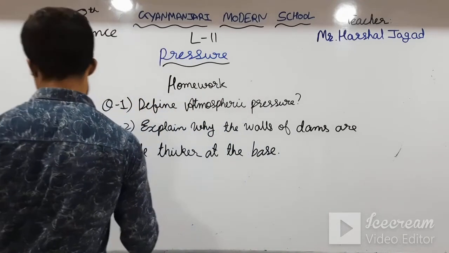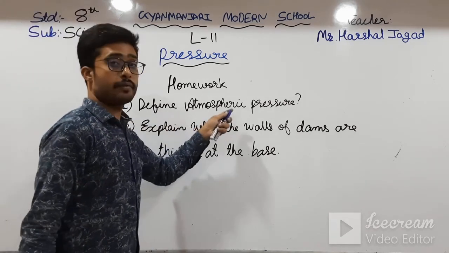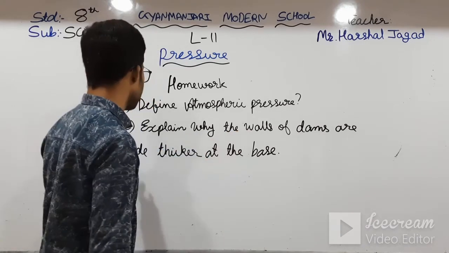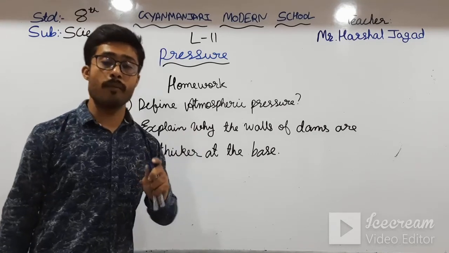So these are the two questions that you have to write down in your homework. Okay, students. First question, define atmospheric pressure, and question 2, explain why the walls of the dams are made thicker at the base. These two questions you have to write in your homework.